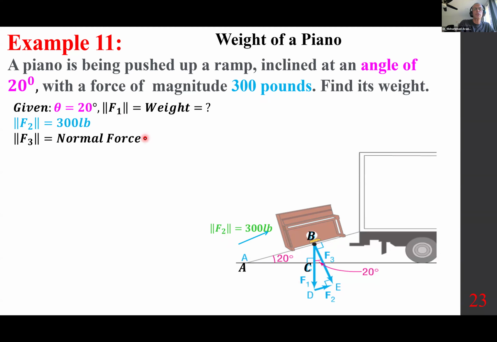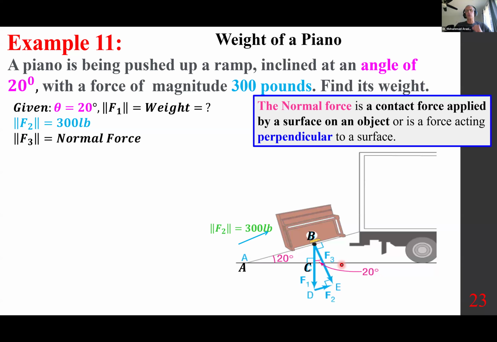F2, the magnitude is given as 300 pounds, and F sub 3 is called the normal force. So the first thing is, what is a normal force? The normal force is a constant force applied by a surface on an object, or a force acting perpendicular to a surface. Perpendicular to the surface. It makes a 90-degree angle with this surface.